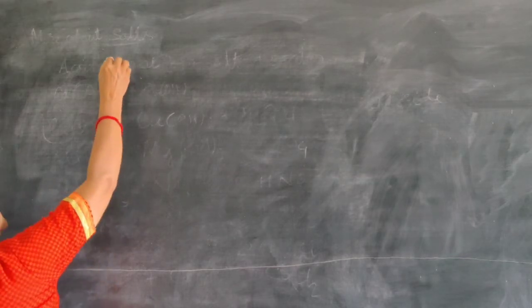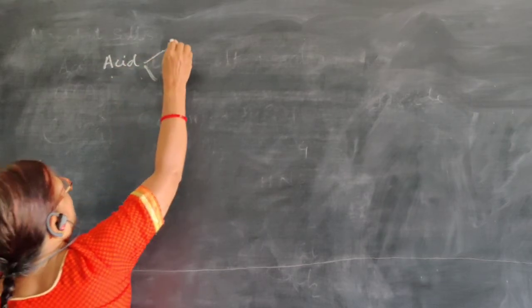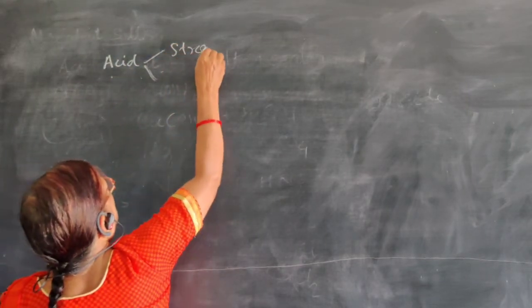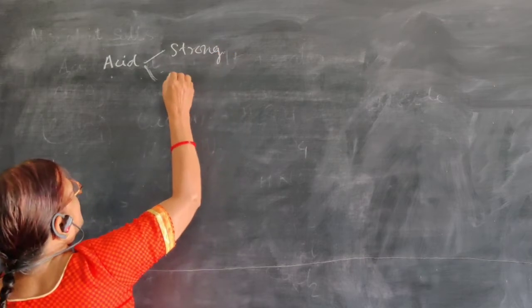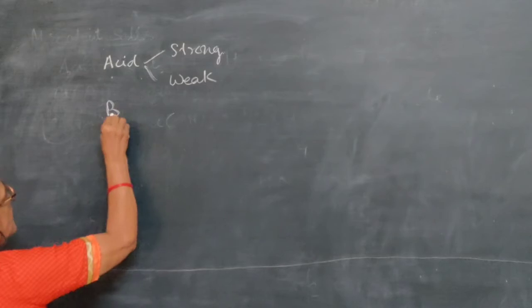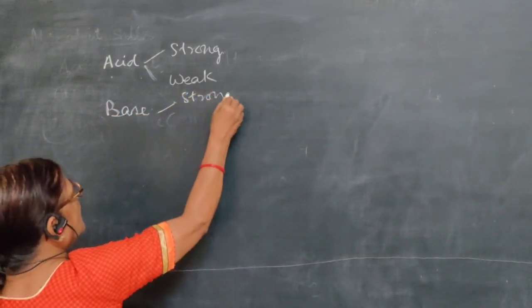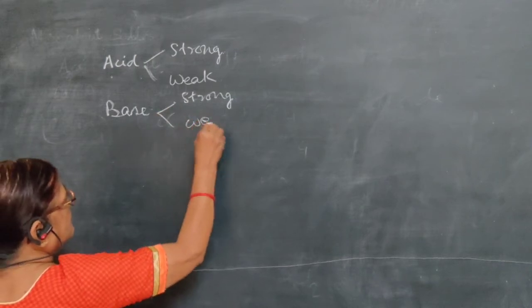So we can write that acids may be classified as strong acid and weak acid, and then we can classify the bases also: the strong base and the weak base.